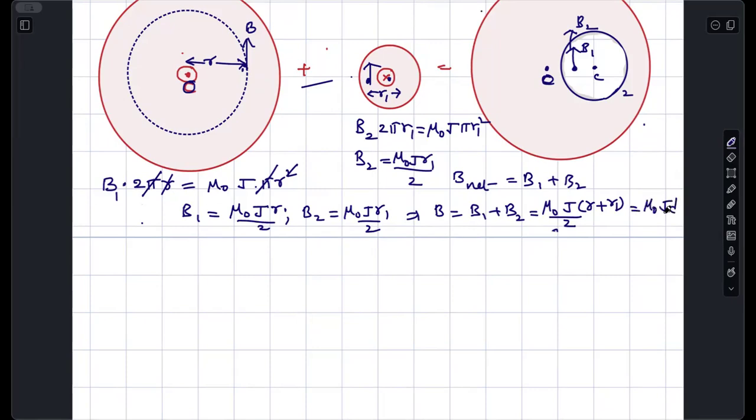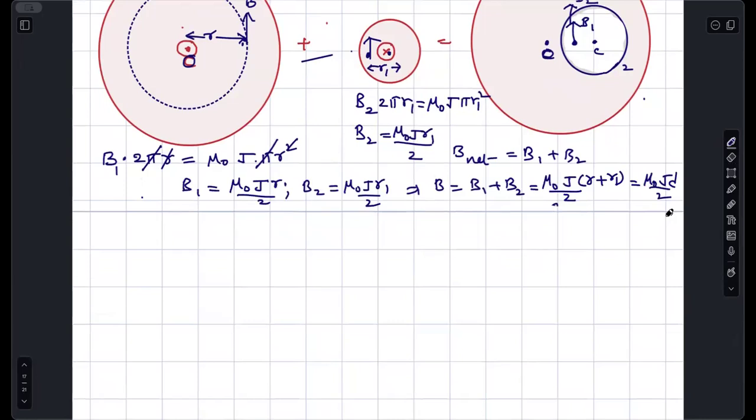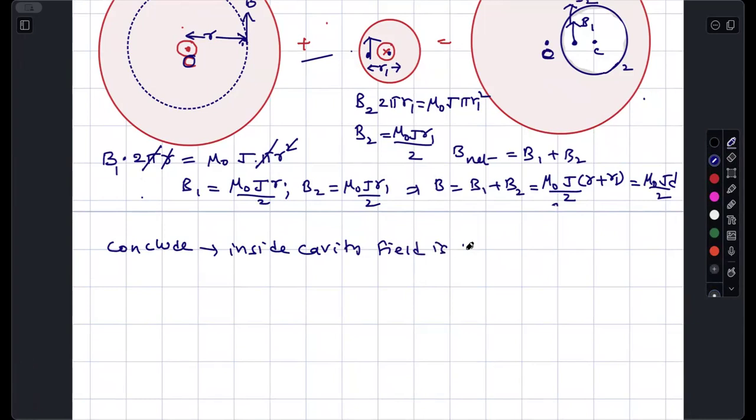So what have you understood inside the cavity? From these two results, we can conclude inside the cavity, the field is uniform.